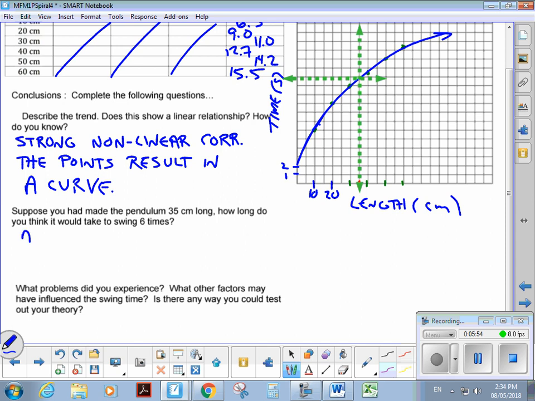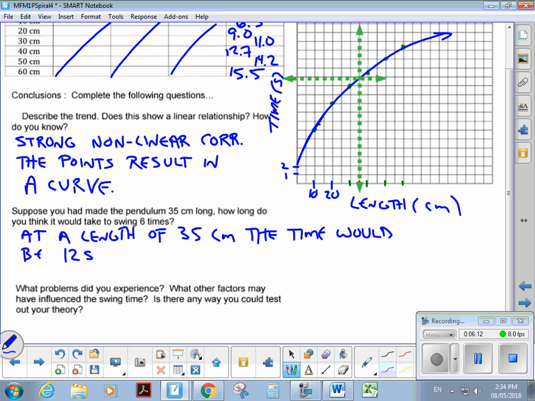So at a length of 35 centimeters, the time would be, I think I said, 12 seconds. How long do you think it would take to swing 6 times?